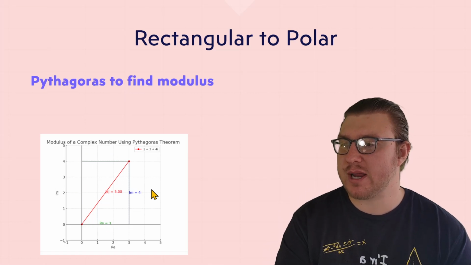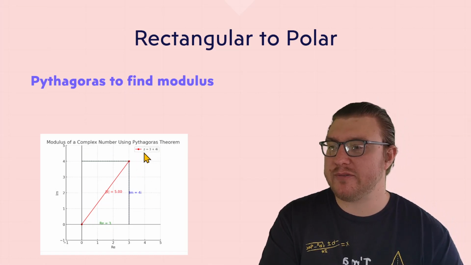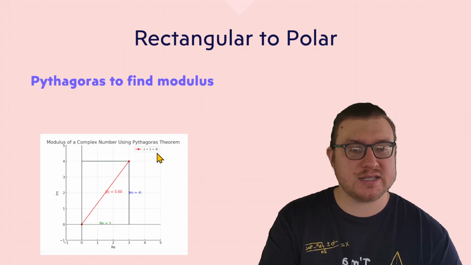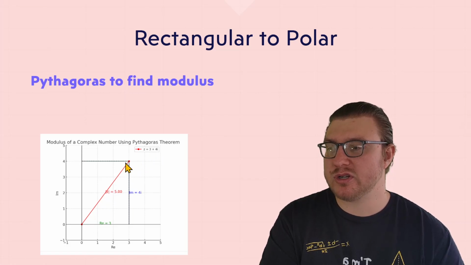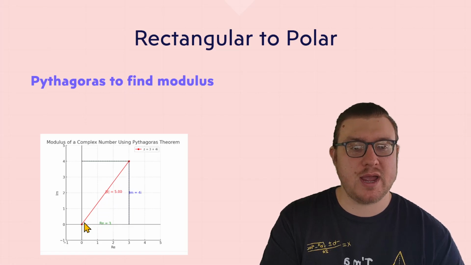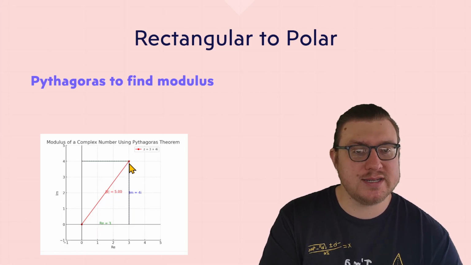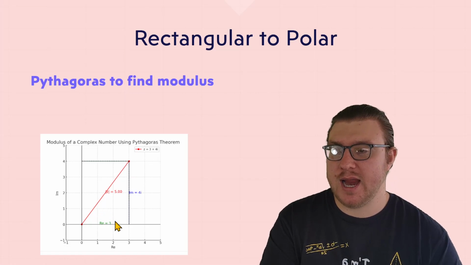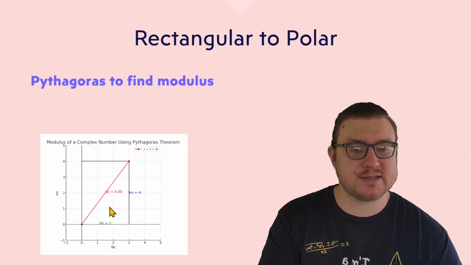So if we have a look at our complex number here, we have our complex number 3 plus 4i. And we want to represent this now with a modulus, a distance away from the origin, and an angle from the x-axis, the real part.